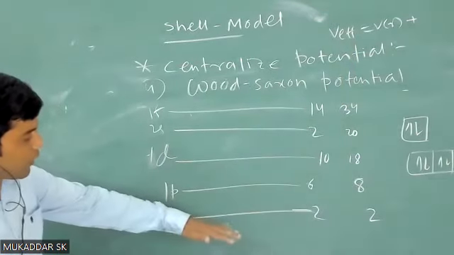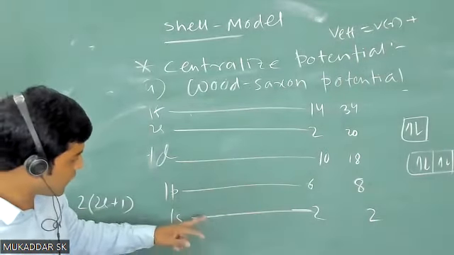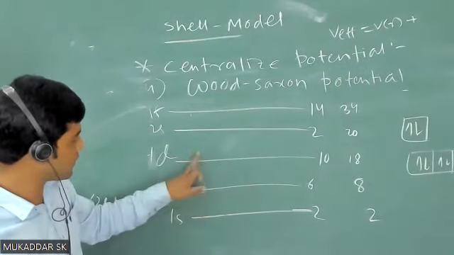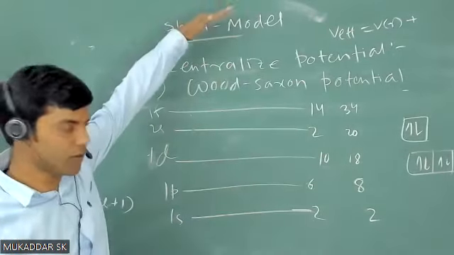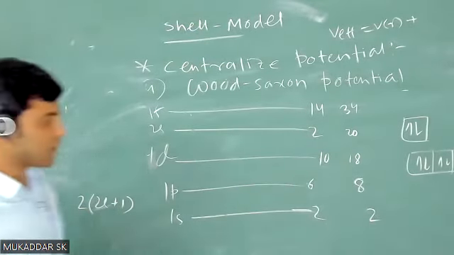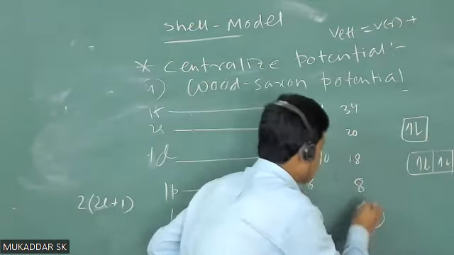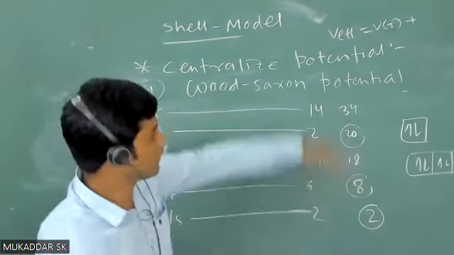So in the infinite square well, that central potential predicted that the nucleus has a shell structure like this. They predicted many shell structures. I have not written all, it's not possible to write all those shells, but out of this, these are the magic numbers that are successfully described. You have many other magic numbers also.